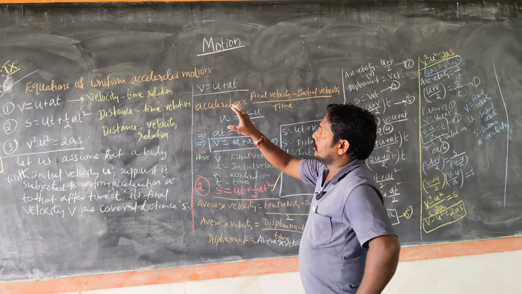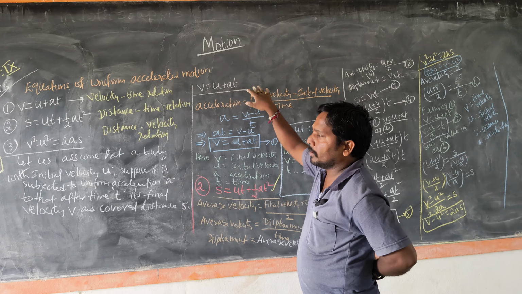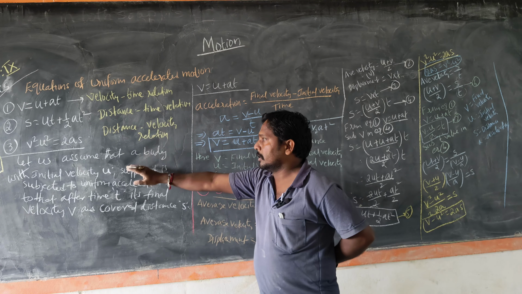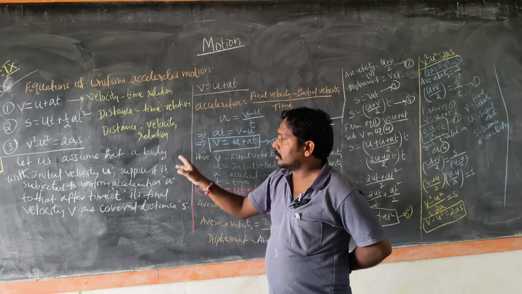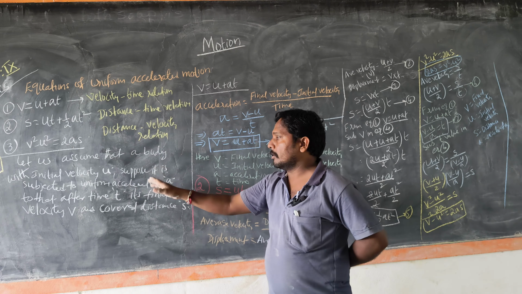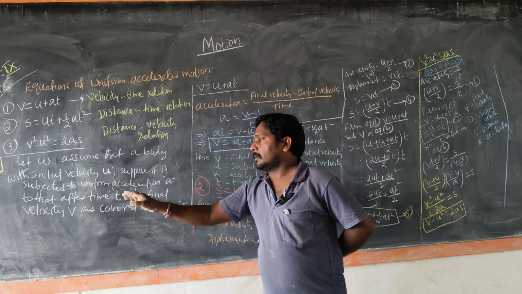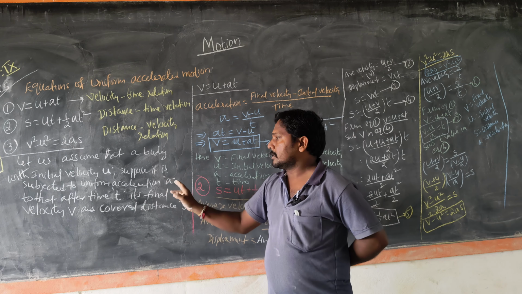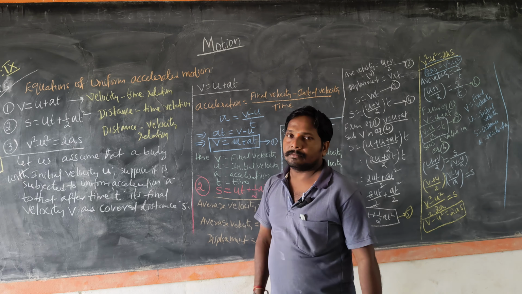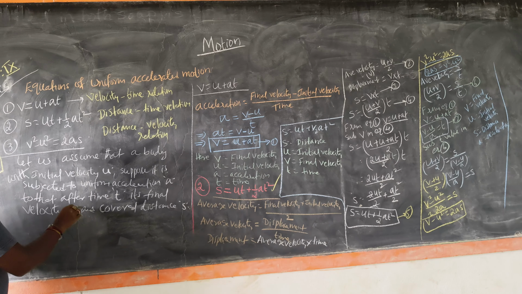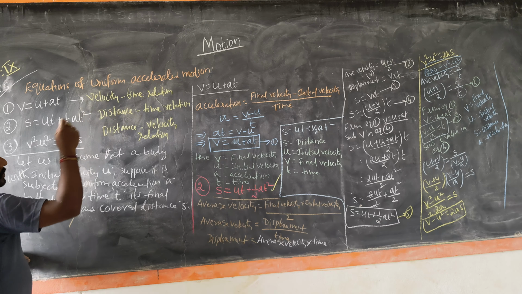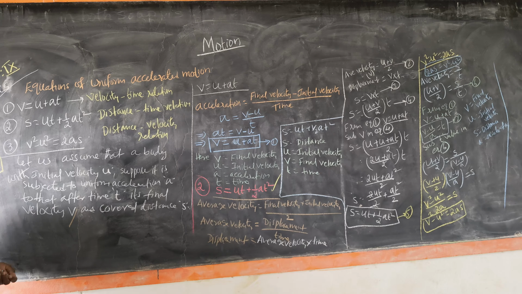Derivation of v equal to u plus at: let us assume that a body with initial velocity u is subjected to uniform acceleration a, and after time t, its final velocity is v.